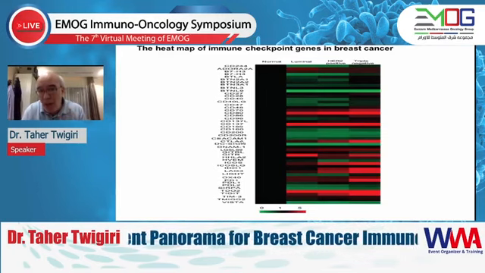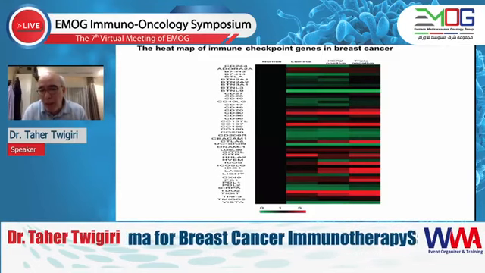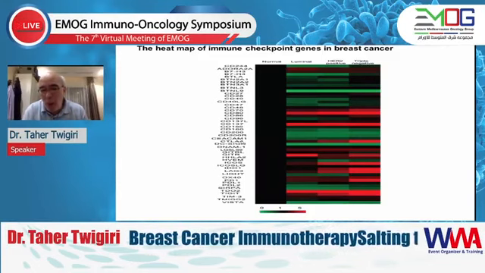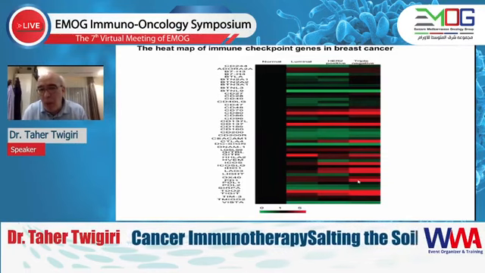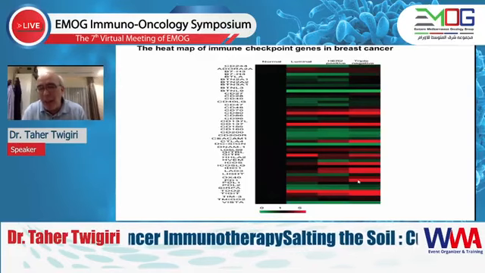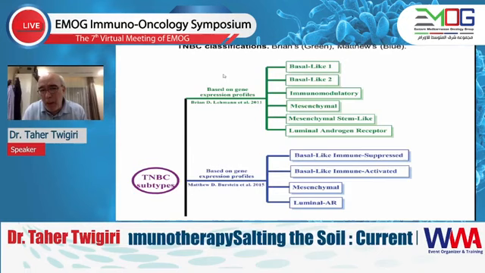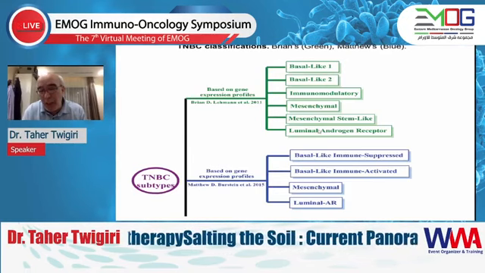So we have 50 of them, but we are using PD1 and PDL1, and maybe we are talking about PDL2, but when we come to OX40, maybe in future we will have something for such patients.